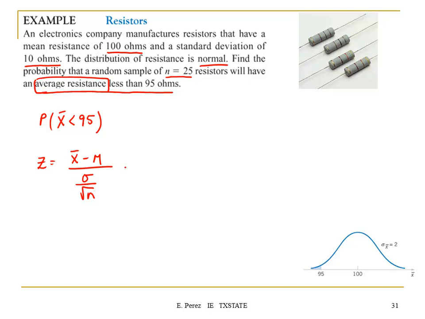We know x bar is 95, mu is 100, sigma is 10, and our sample size is 25, so this is the square root of 25. This is equal to minus 5 over 2, which is minus 2.5.